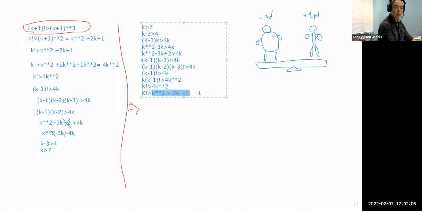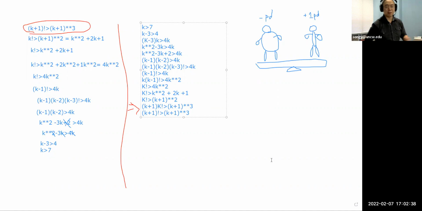So the right side will be k plus 1 squared. And then if I multiply k plus 1 on both sides, it will be k plus 1 factorial is greater than k plus 1 cubed. And that is what I want to prove: k plus 1 factorial is greater than k plus 1 cubed.